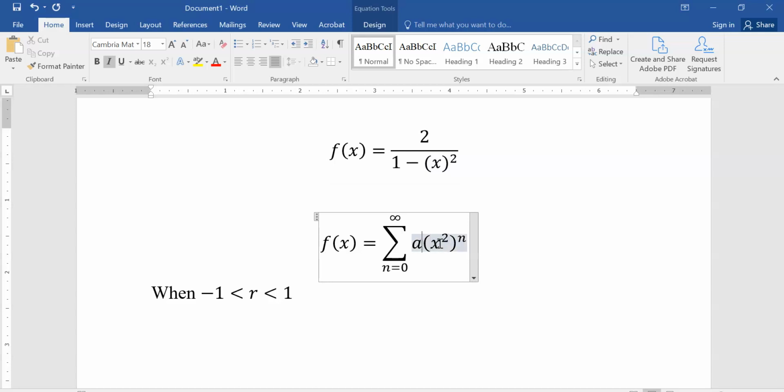My a is 2. And then we're rolling. And this is going to converge whenever x squared is between negative 1 and 1. That's kind of a weird thing as far as negatives go. You can never get an x squared that's negative. So you can write it that way if you'd like. But that's the idea.